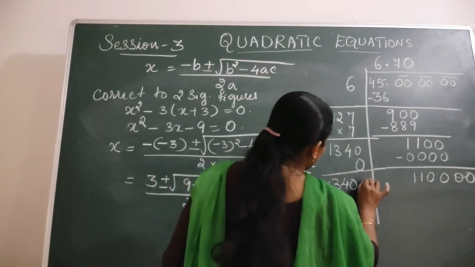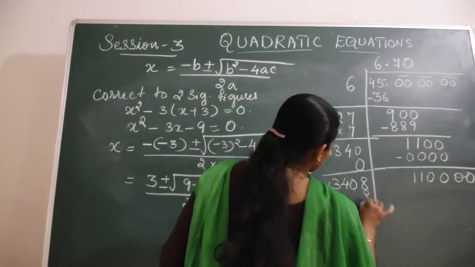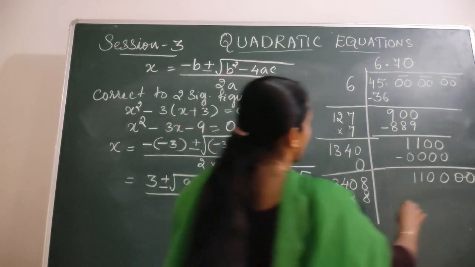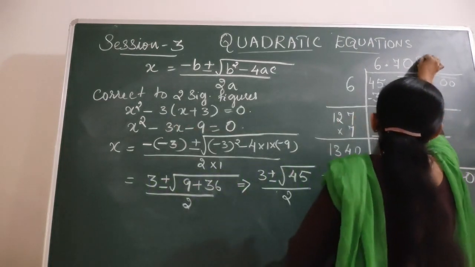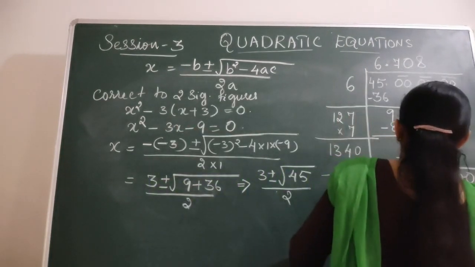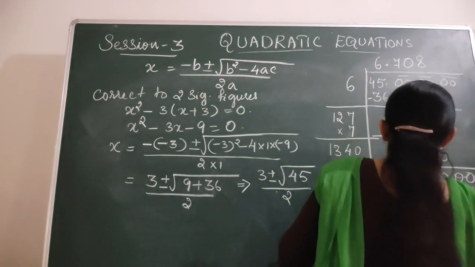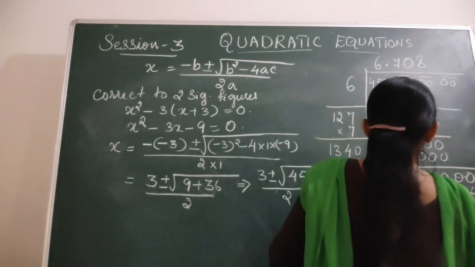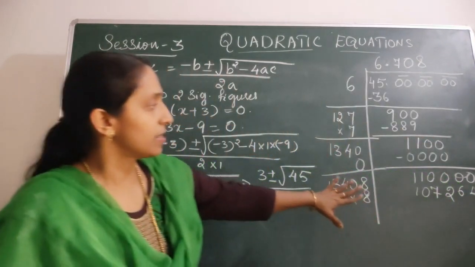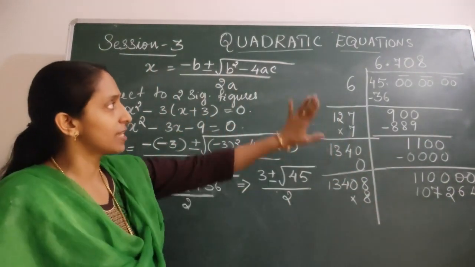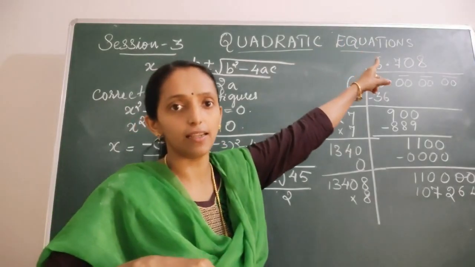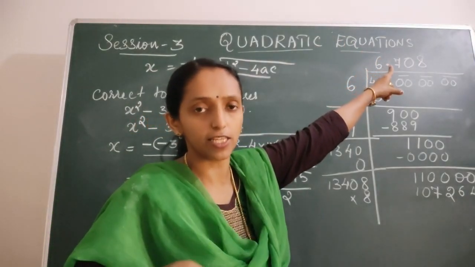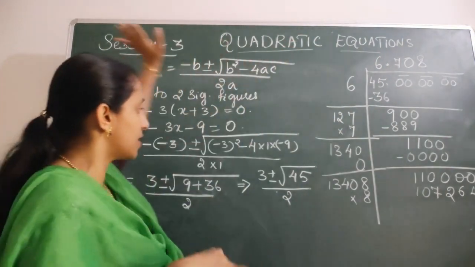You check it. 8 times it will go. Multiply, and the multiplication value you can write over here. Right, reached near. Up to there it's enough because we got 3 digits after the decimal. We got 3 digits, so up to there it's enough.